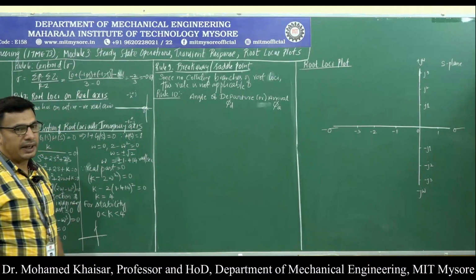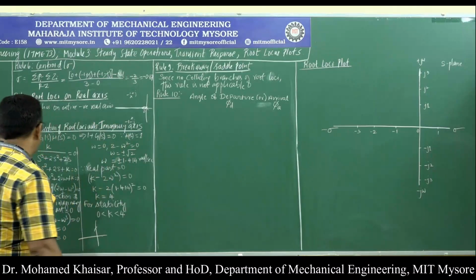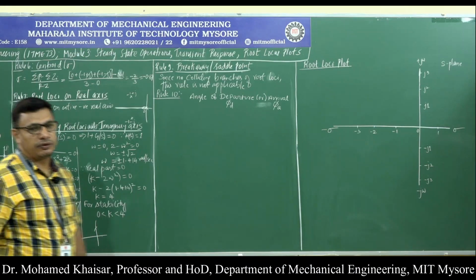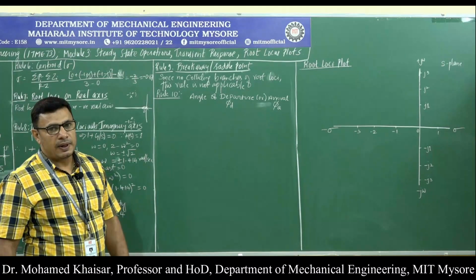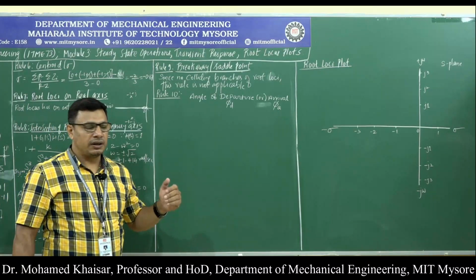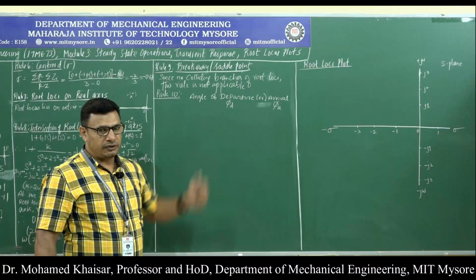Then rule number 10, angle of departure: is it applicable or not? In this problem, what we have seen is there are two complex poles present. Whenever there are complex poles, obviously they are not going to lie on the real axis or the imaginary axis; they are going to lie in space.